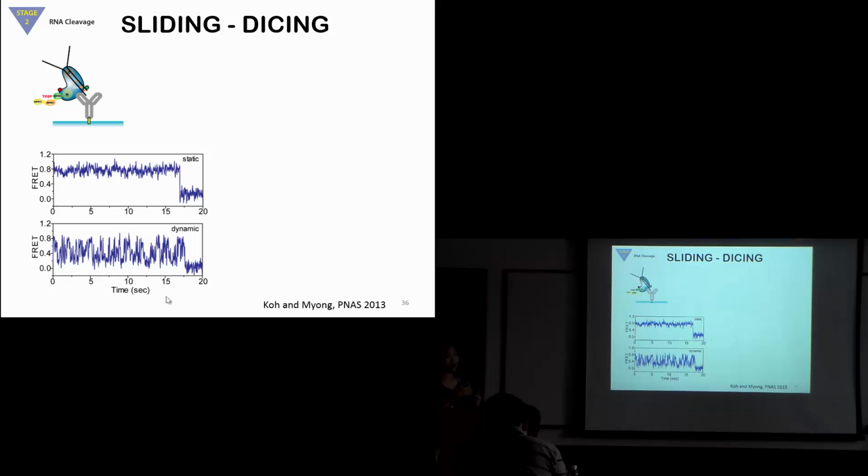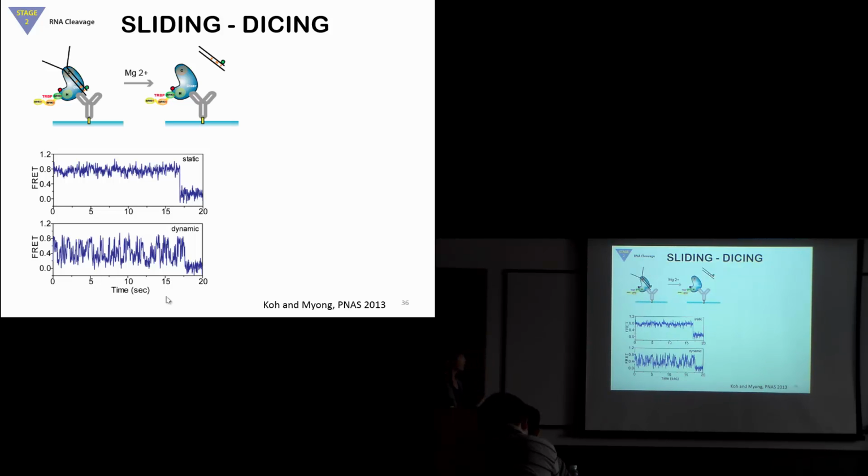And we found about half of the molecules giving us the static FRET signal, which means that there's no movement, and the other half giving us this dynamic motion, which meant that this protein complex is sliding along the RNA. Well, in this configuration, RNA is sliding along the protein complex. So then to induce the dicing or cleavage, we add magnesium, and it starts cleaving the molecules.